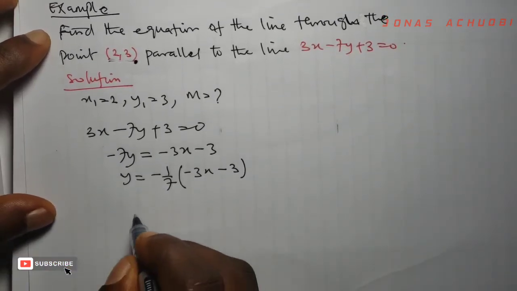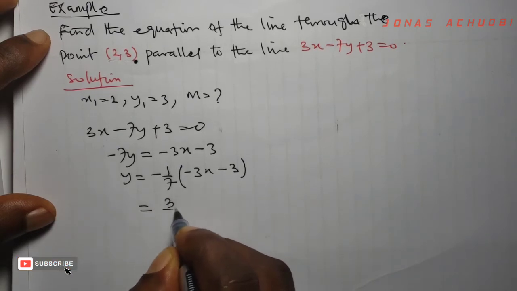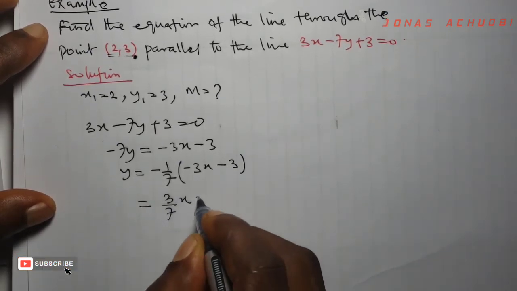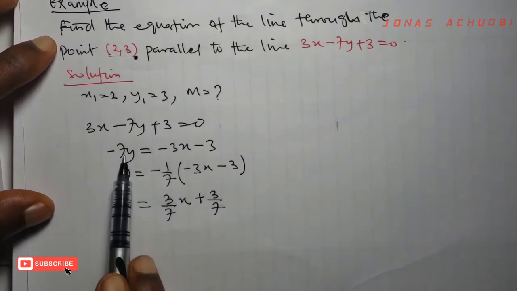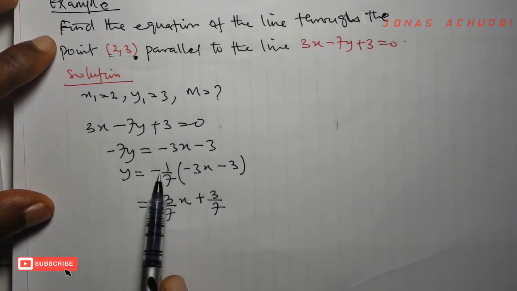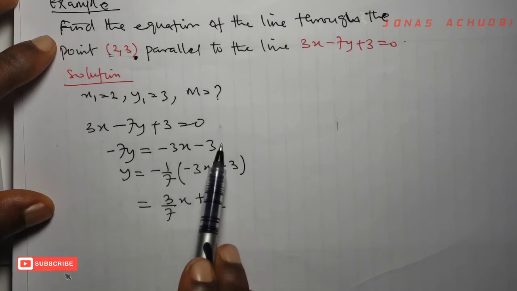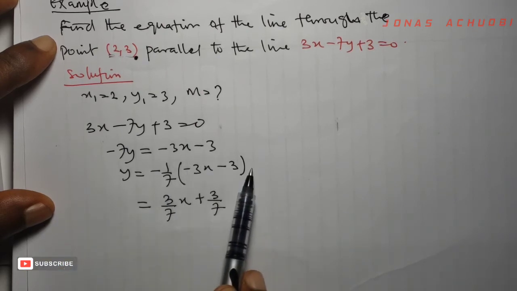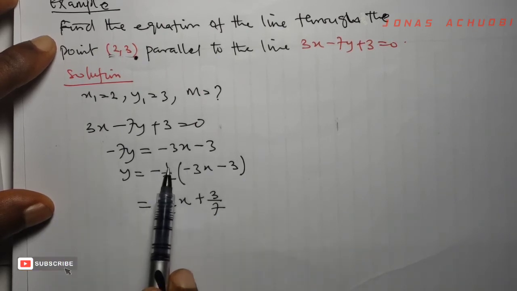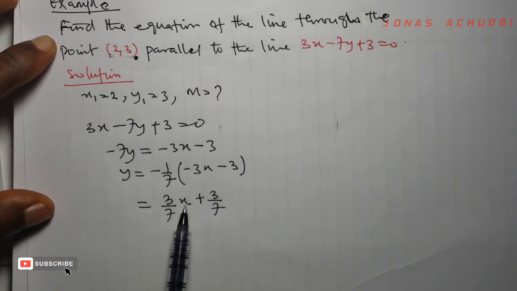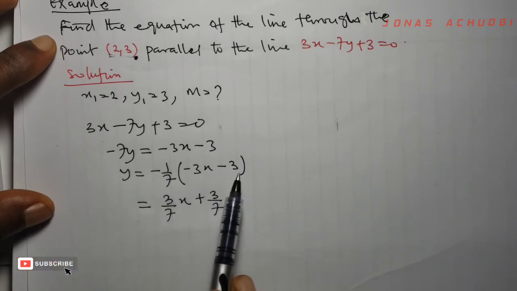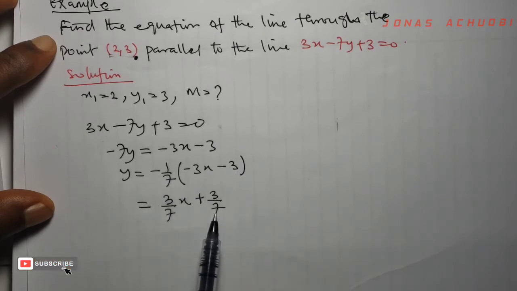And if you expand, you get 3 over 7x plus 3 over 7. So here, I divide both sides by minus 7, and I get minus 1 over 7 into all of this. And then here, I expand the bracket, or I open the bracket. So minus 1 over 7 times minus 3x, I get 3 over 7x. And then minus 1 over 7 times minus 3, I get 3 over 7.